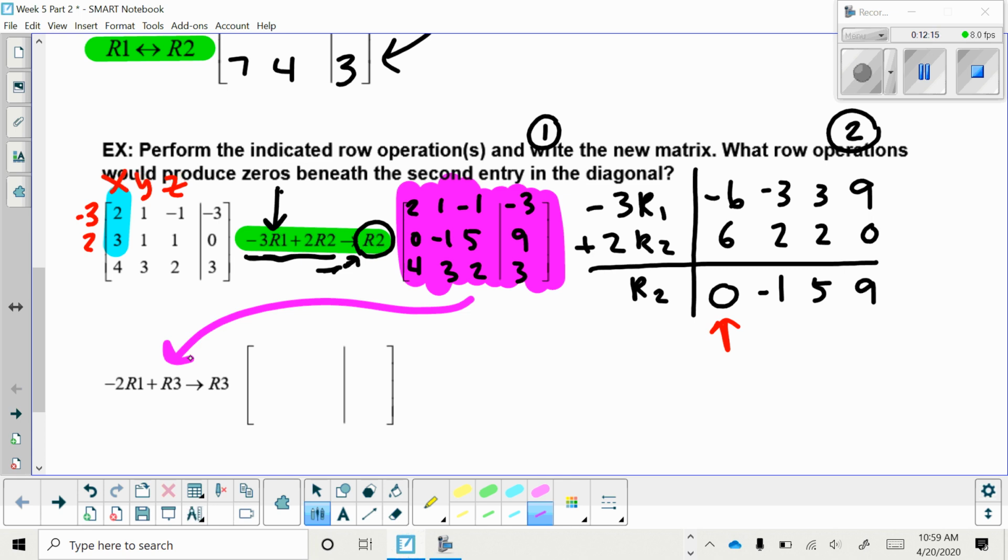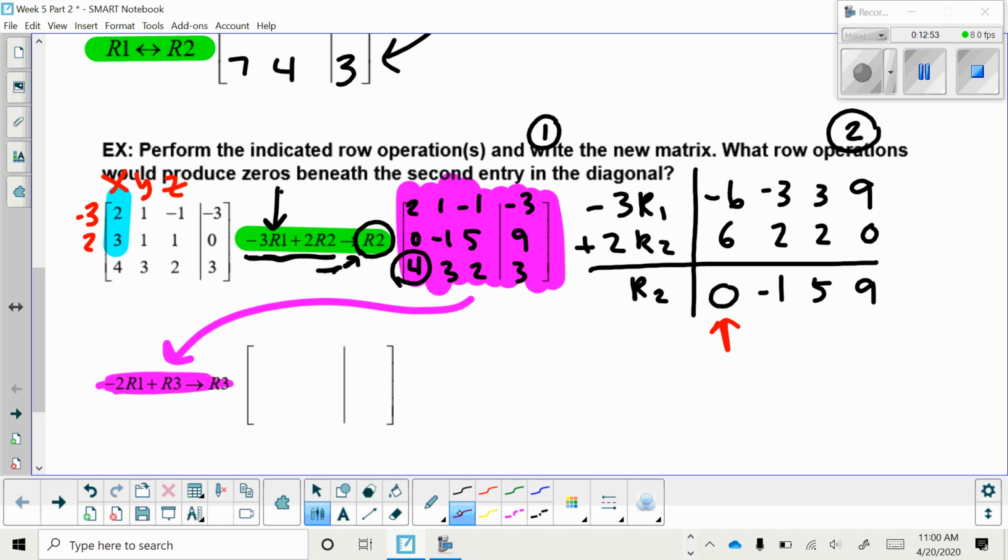And I want you to pause the video, look at what this notation is telling you to do, and think about what is that going to end up looking like? What variable gets eliminated again, or possibly new variable, after I do this stuff? So I want you to pause and think about that. Hopefully you realized that what this will do is make a 0 right here.